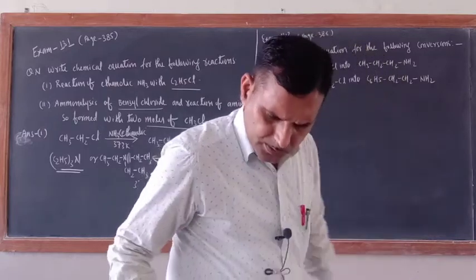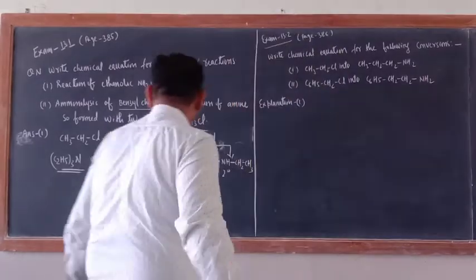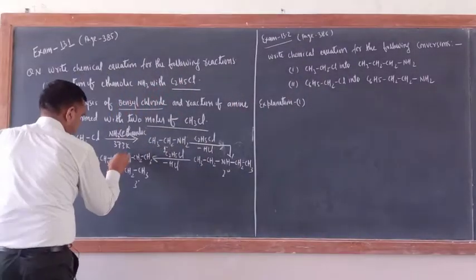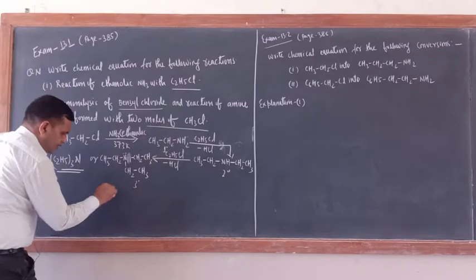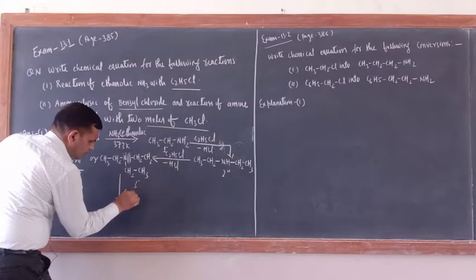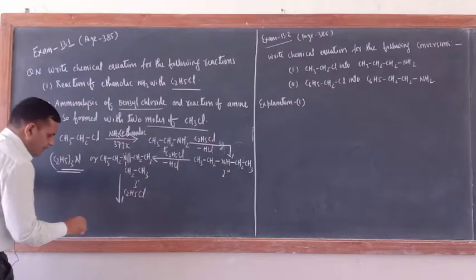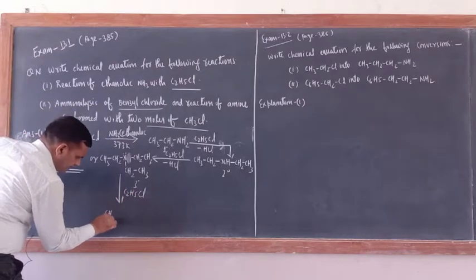Now, still one more step is possible. How? Still here a lone pair of electrons is there. So further reaction with C2H5Cl, then quaternary ammonium salt will form. What would be the product?